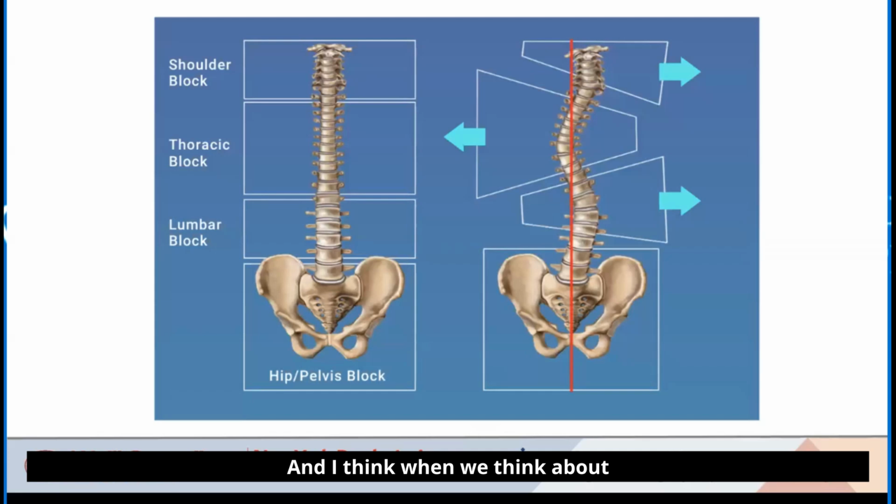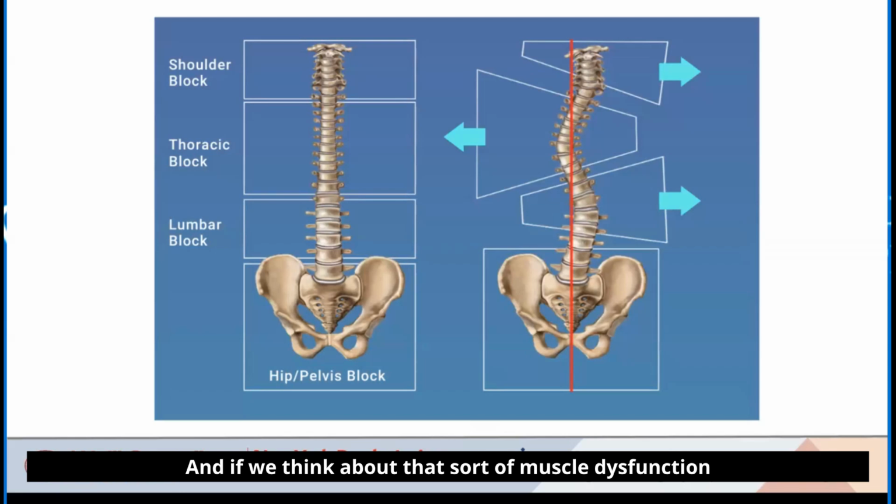And when we think about some of the scoliosis-based physical therapy interventions, like the Schroth therapy method, a lot of the physical therapists are looking at the different movement patterns that are developing because of these different blocked areas throughout the spine, hip and pelvis. We want to be able to assess for that and think of that.